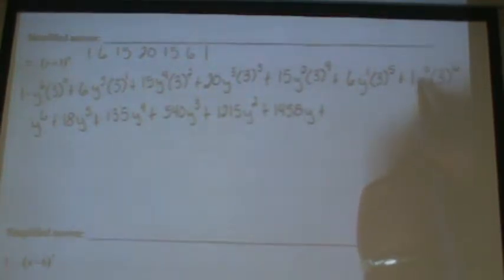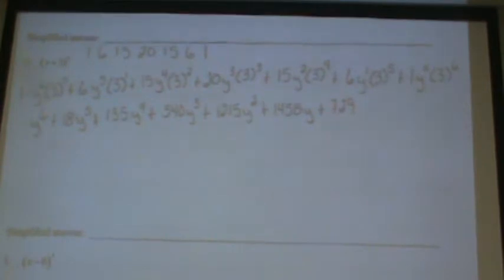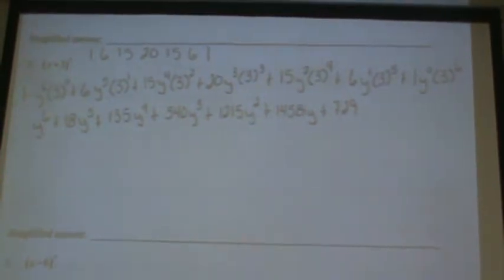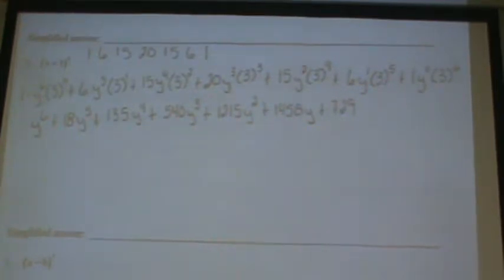So we have 1 times y to the 0, which is 1, so 1 times 1 times 3 to the 6th, which is 729. So that is our expanded and simplified expansion of y plus 3 to the 6th.